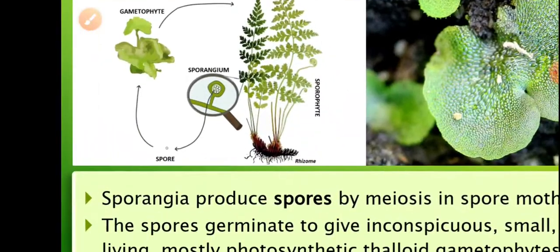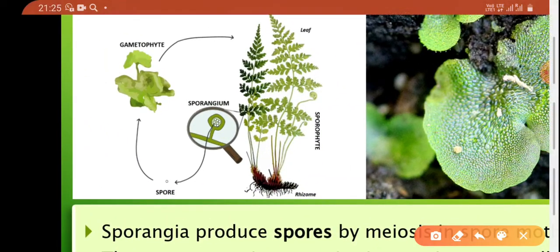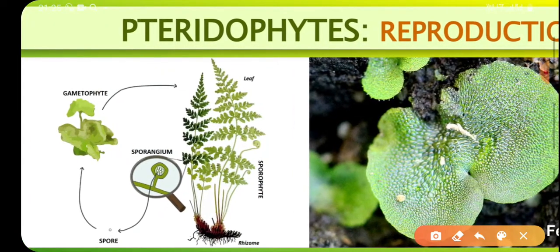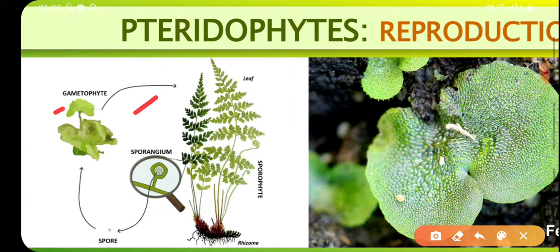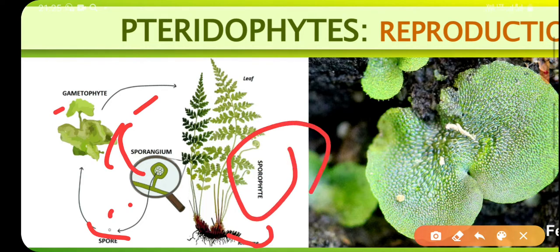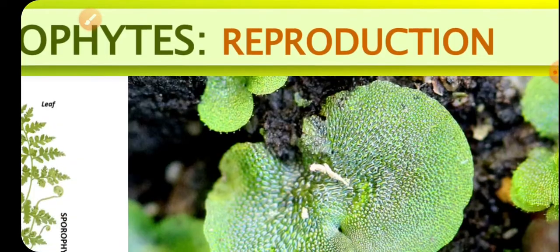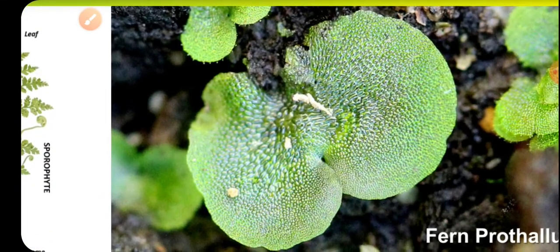We can see with this diagram, this is the gametophyte. Spores change to gametophyte, and then to sporophyte, and further it changes into leaves and the full plant. This is the fern, and this diagram clearly shows it.